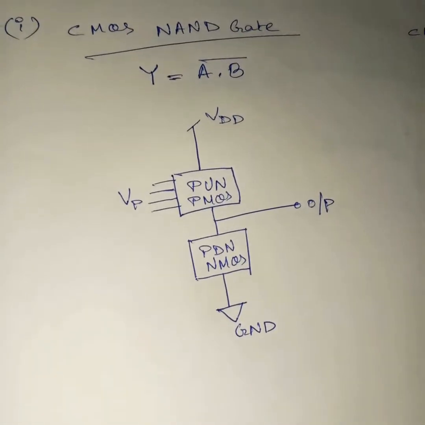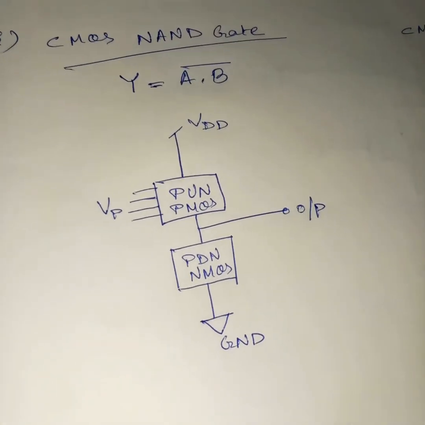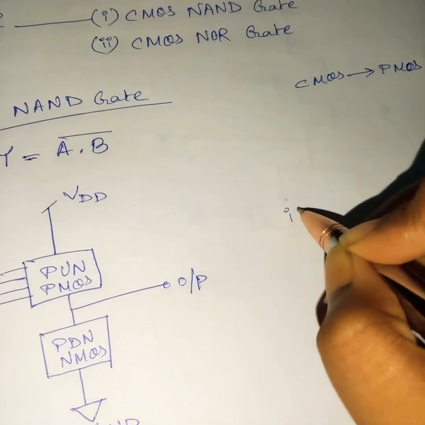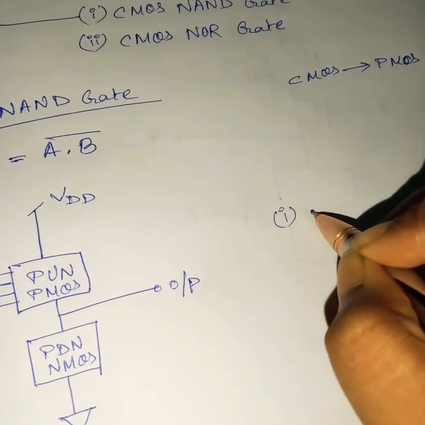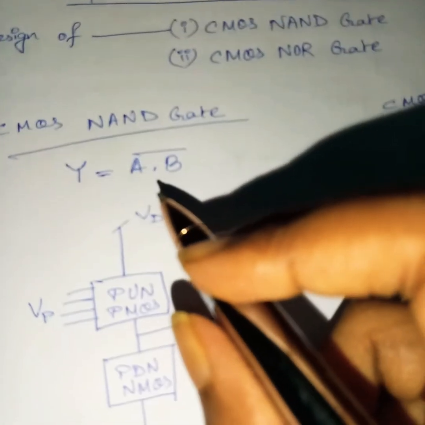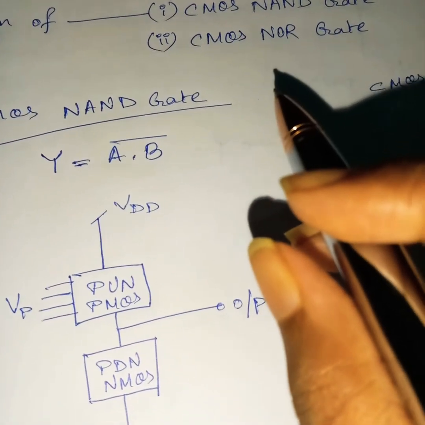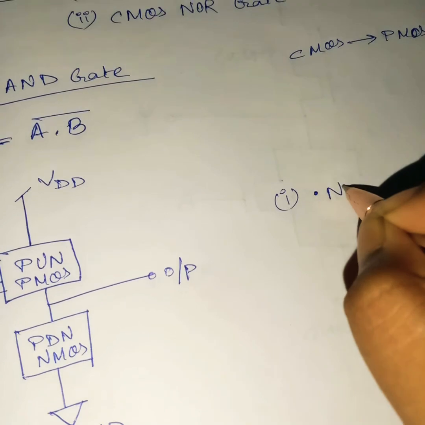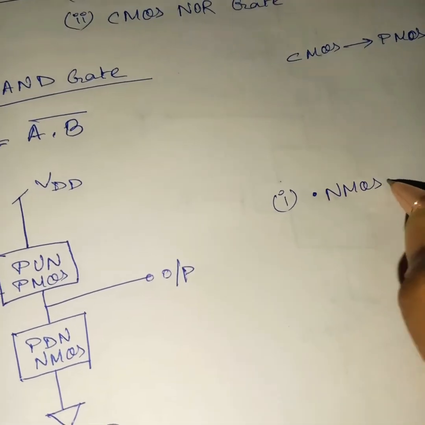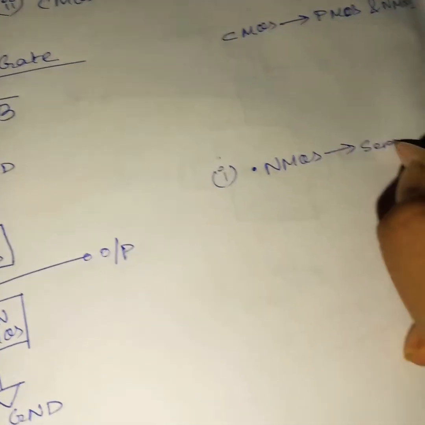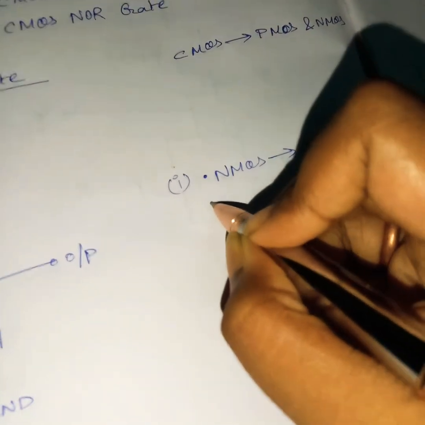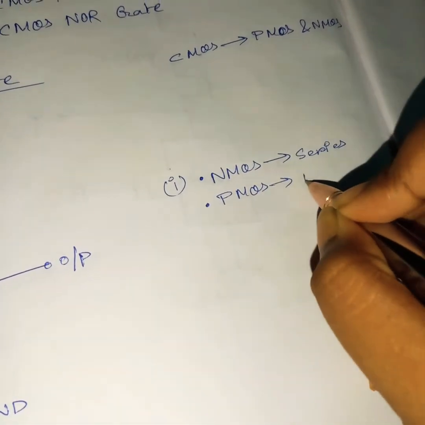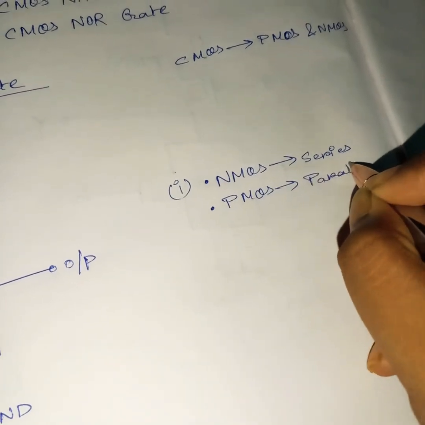Right. Now before we start doing NAND gate, we need to make sure we know two things. First is for dot operation. NAND means dot operation. For NOR, that is plus operation. So for dot operation, NMOS should always be connected in series, and for dot operation, PMOS should always be connected in parallel.